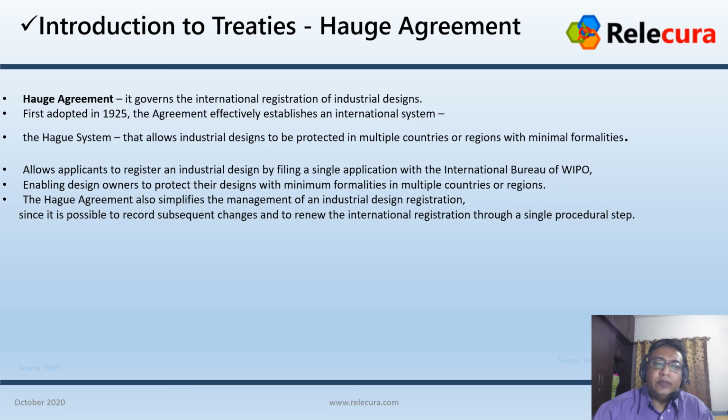It is possible to record subsequent changes and renew the international registration through a single procedural step, so you need not follow each country's different steps. If you go to WIPO and file the industrial design there, you can cover at least 100 contracting states.